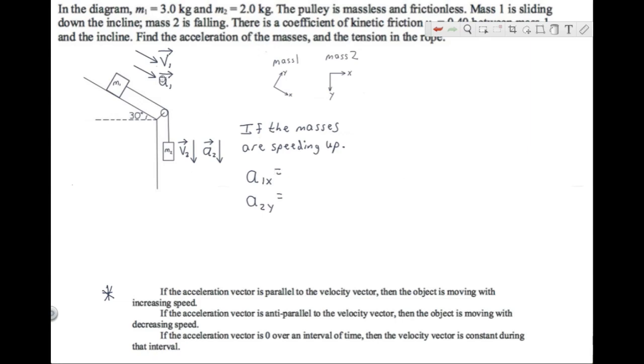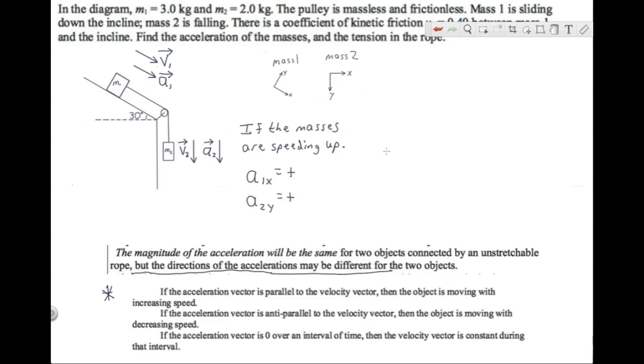So in this case, a sub 1 would be pointing in the positive x direction, and a sub 2 would be pointing in the positive y direction. As usual, we figure out the sign of the components before we figure out the magnitude.